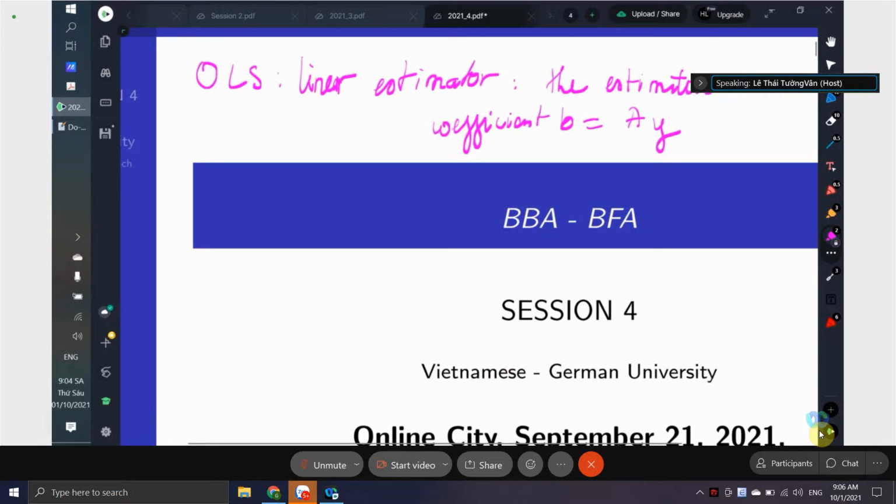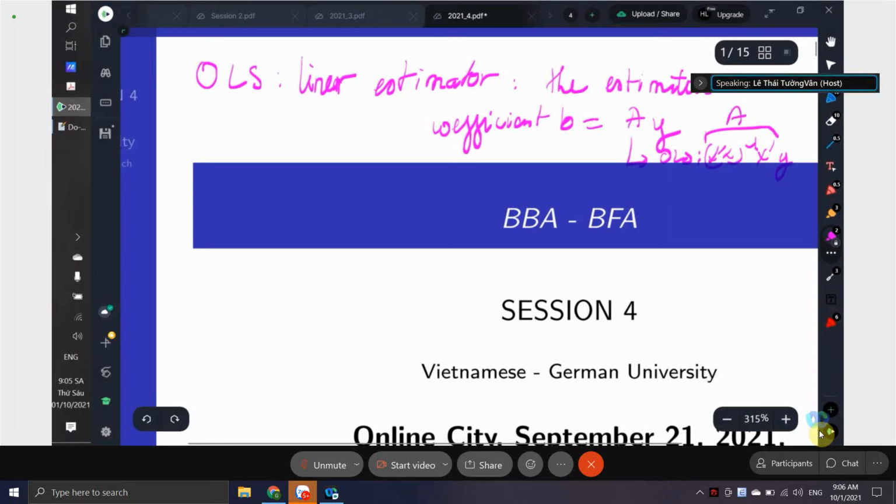This is the idea of a linear estimator. And in our specific case, the OLS, it is (X prime X) to the minus 1, X prime Y. So this is the A. This is what we mean by a linear estimator.